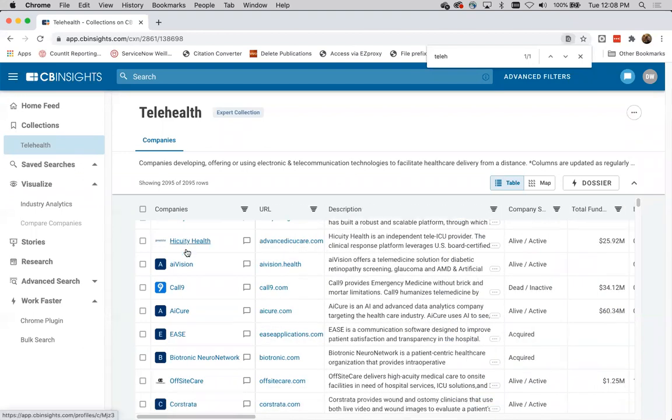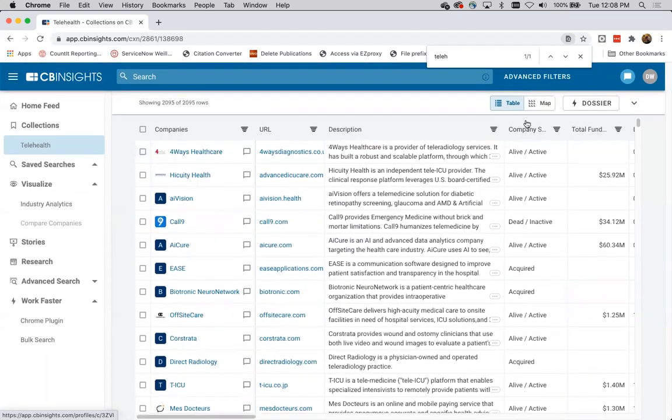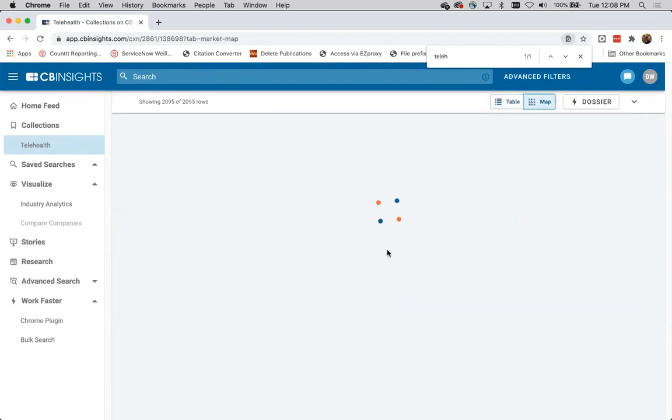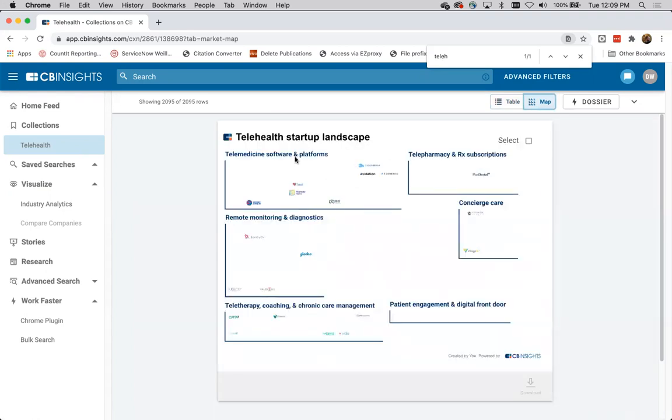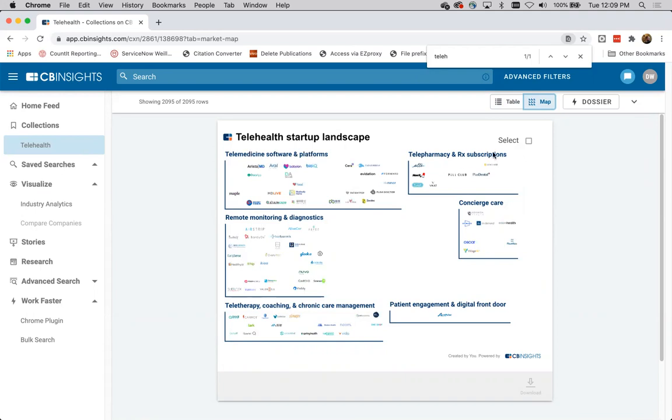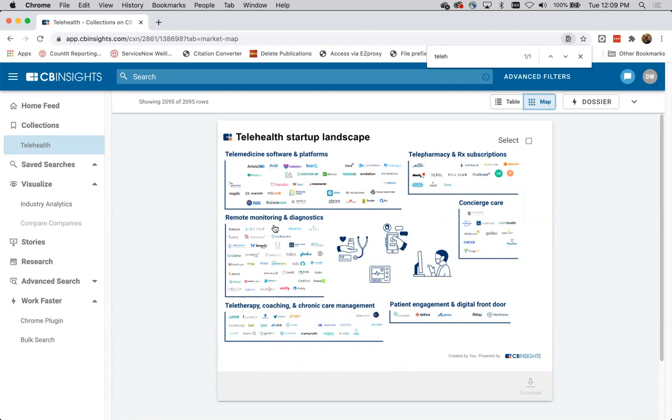So you can either look at this huge list, or you can view it as a map, which I think is actually very interesting because it breaks it down into specific types and subcategories within the telehealth space. You'll see it breaks it down into software platforms, prescriptions, concierge, diagnostics, engagements, and so on.